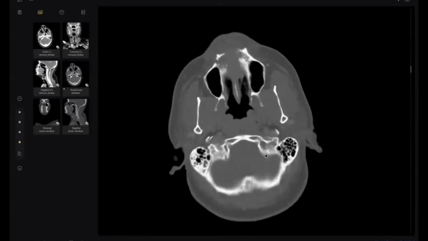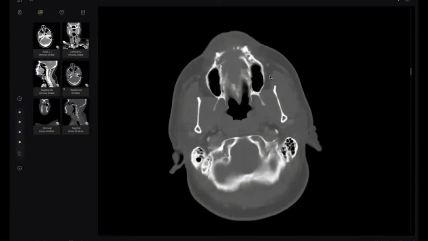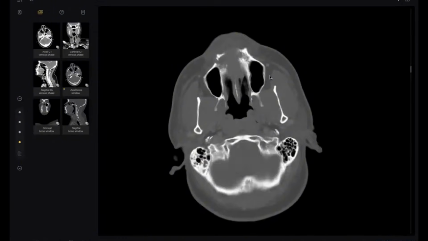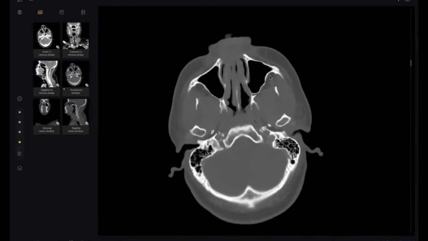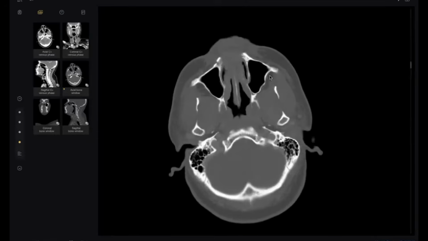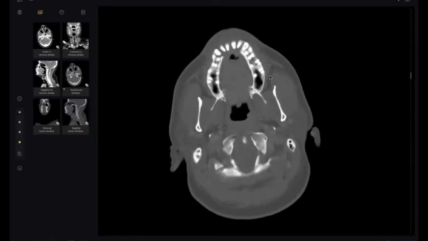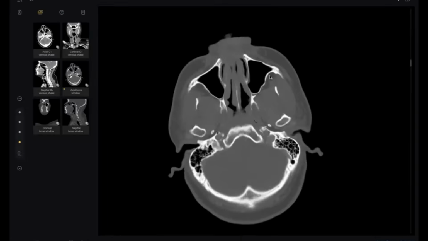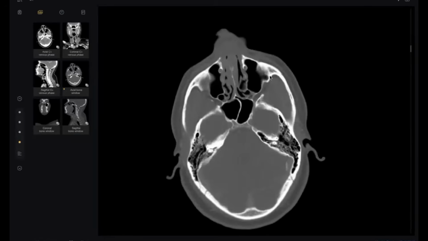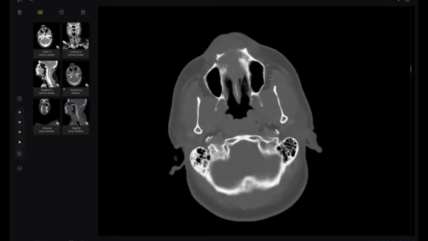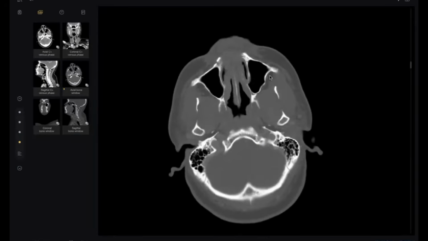Look here, my colleague. What happened here? Sir, there is erosion and cortical destruction of the nasal septum, sir. Excellent. Superior alveolar ridge, sir. Vomer bone, sir.